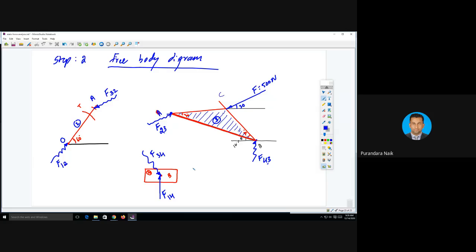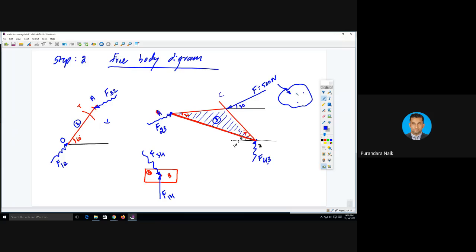Now, how to solve this problem? Can anyone tell? How do we start? Link number 2 has two unknowns plus one unknown torque, so you cannot select it. You come to link number 3. In link number 3, we have only one force with known magnitude and direction, but the remaining two are unknown in both magnitude and direction. So you cannot draw the force polygon. For a body with a 3-force member, how do we state the equilibrium?